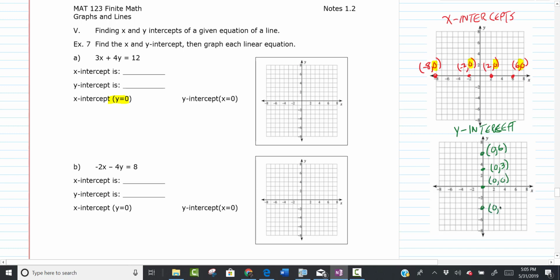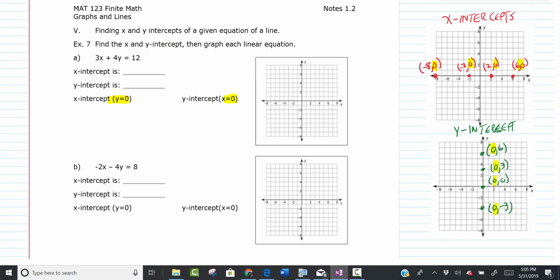And that's the point 0, -3. What I want you to notice is that x is always 0 when you have a y-intercept. If you remember that, or have a way to figure that out, it'll help you figure out x and y intercepts, all right?